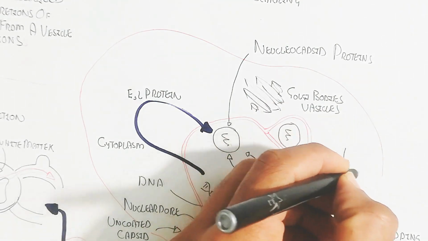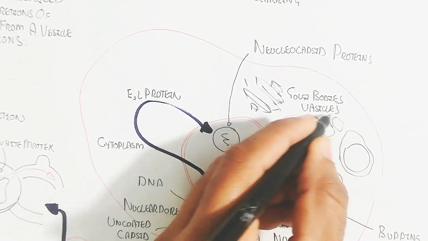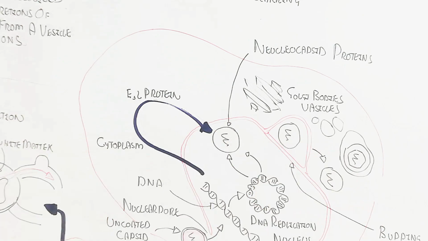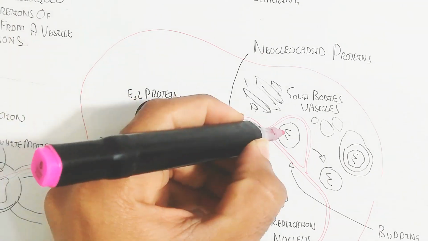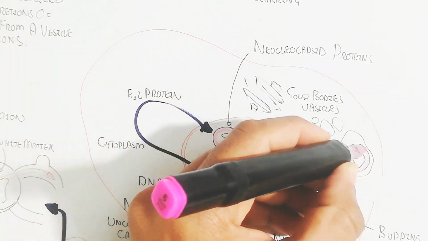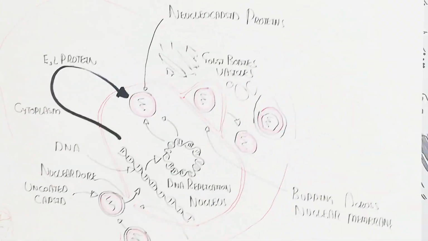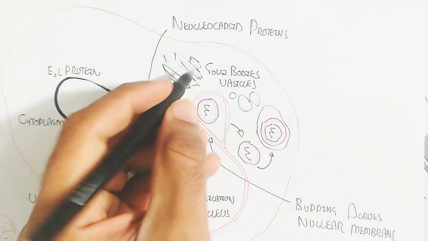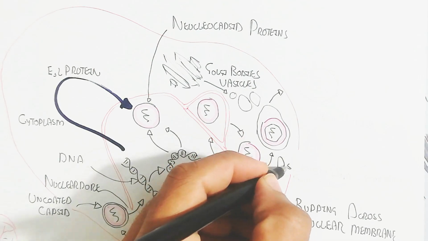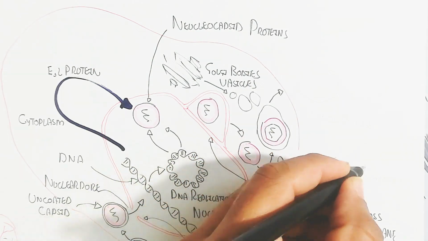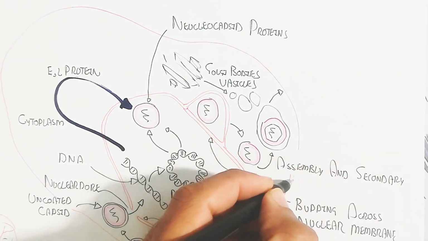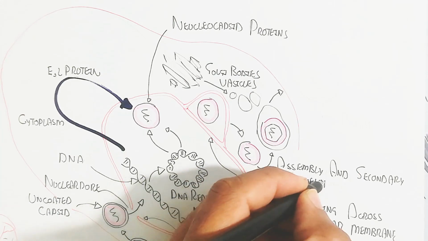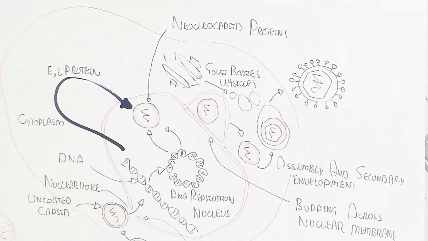Secondary envelopment and Golgi bodies will form the synthesis of protein vesicles, and these vesicles combine together, which is known as the assembly, and secondary envelopment leads to mature virion release, which replicates in other target cells.